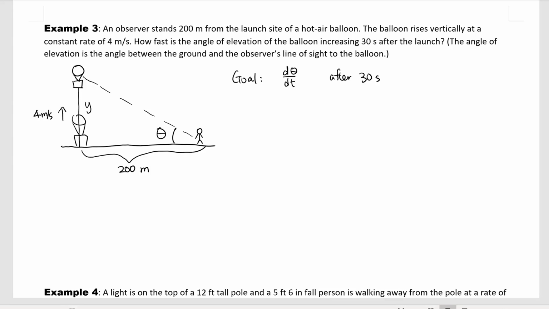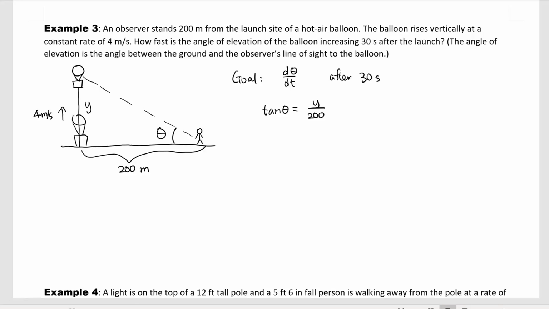This is a right triangle, right? What is opposite over adjacent? Which trig function is that? Yes, tangent. So tangent theta is y over 200. This is the relation between theta and y.